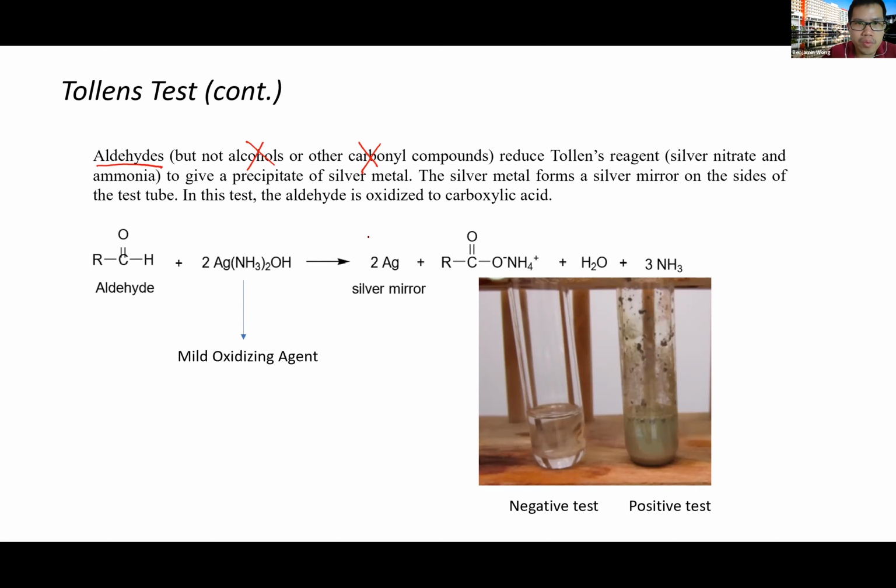With chromic acid, you form another substance that is blue-green, but in this case you will leave the silver around the test tube, and the test tube will be coated. So you can see from here, this is what we call a silver mirror. This one is still not so clean and nice. Some of the students are able to form the silver so nicely, like a mirror. All the others, like alcohols or ketones, will be negative, so you will remain with a clear solution.